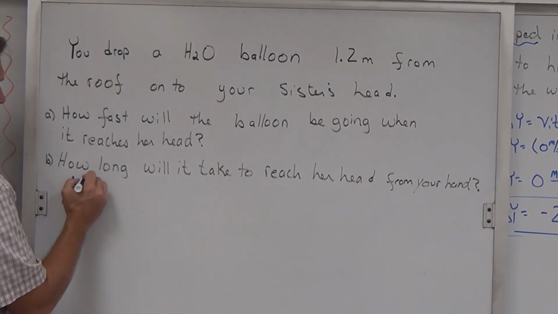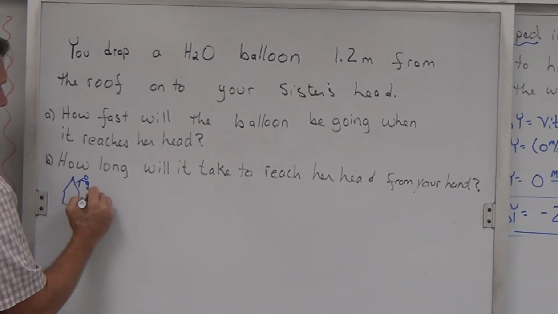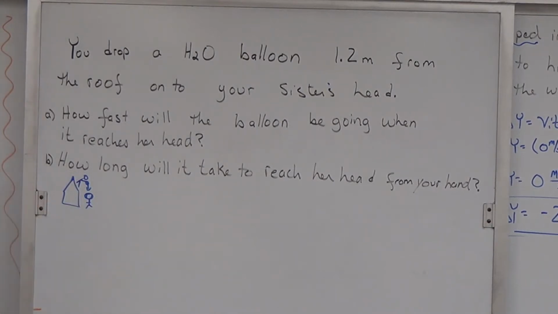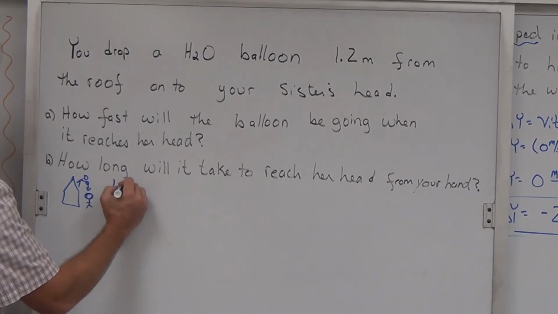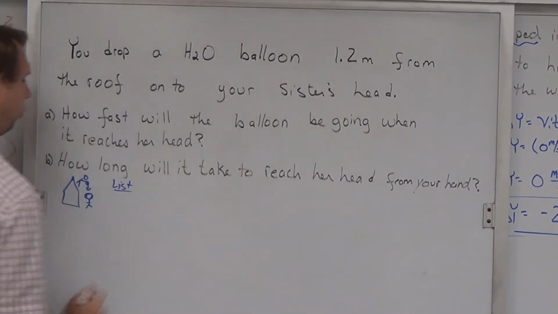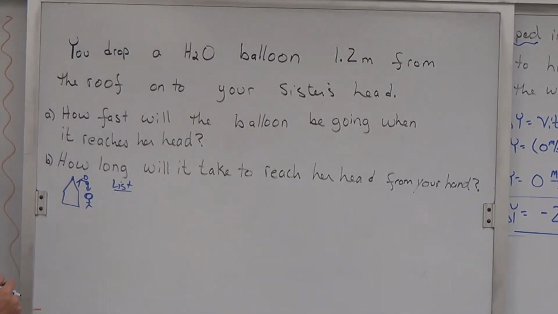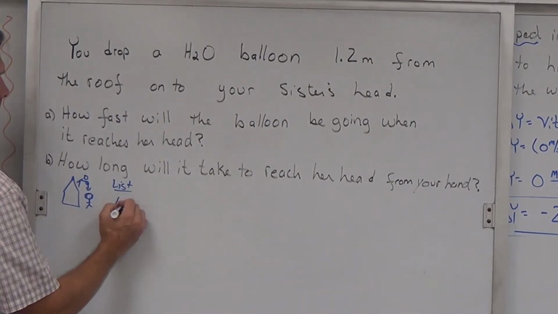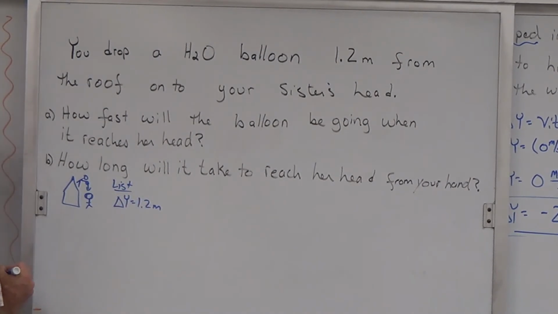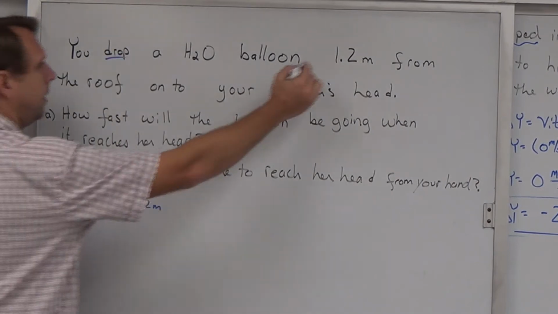There's you on the roof dropping a water balloon on your sister who is down below. We have 1.2 meters. What is the 1.2 meters? That is your displacement. What's the word drop indicate?